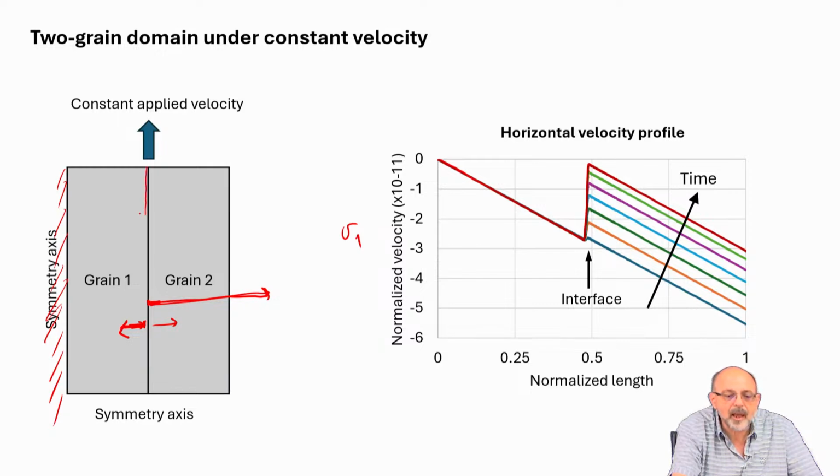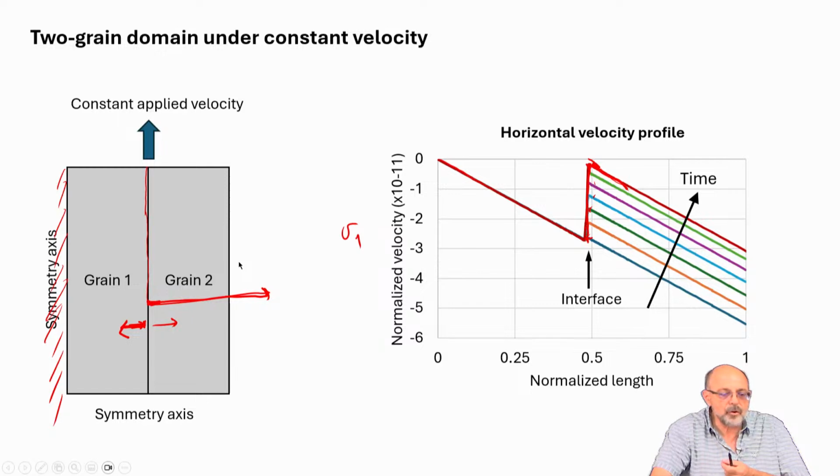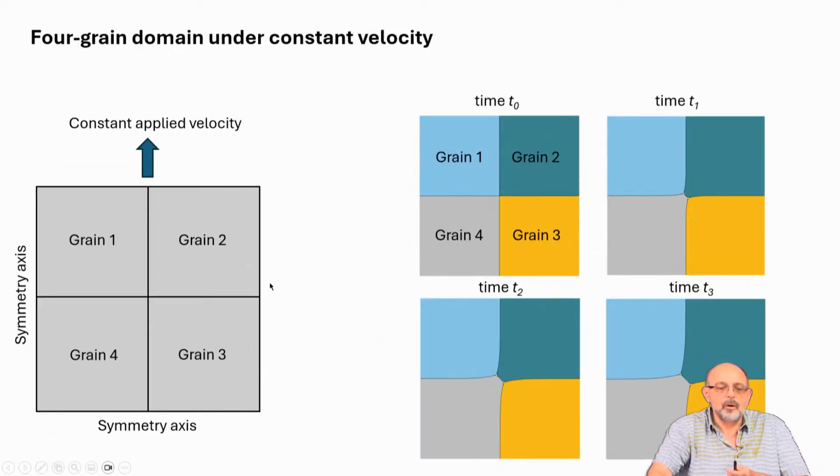Here I'm losing lattice, and here's the jump, and that jump increases with time, and then again I have a linear growth in velocity to the other boundary. So my lattice growth boundary condition is working, and here's one more example to test our model on a physical example: four grains, and look what happens with the quadruple boundary.